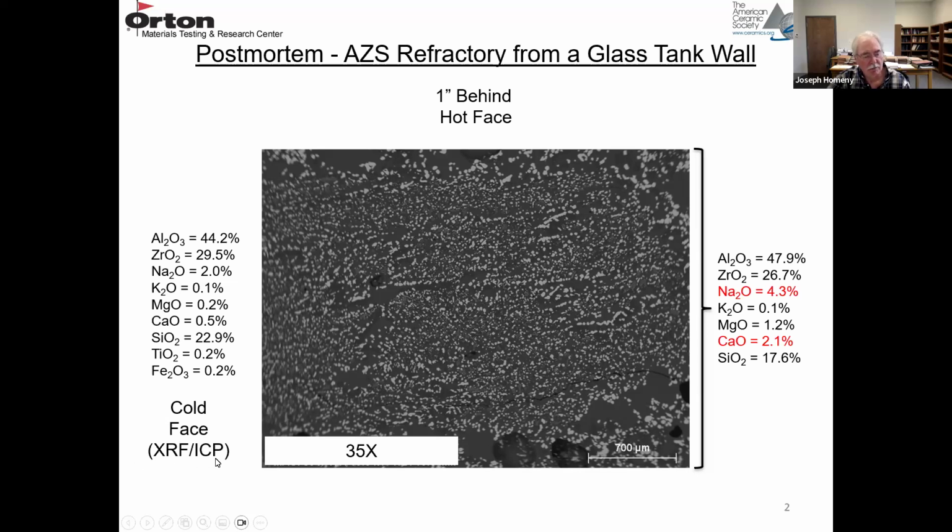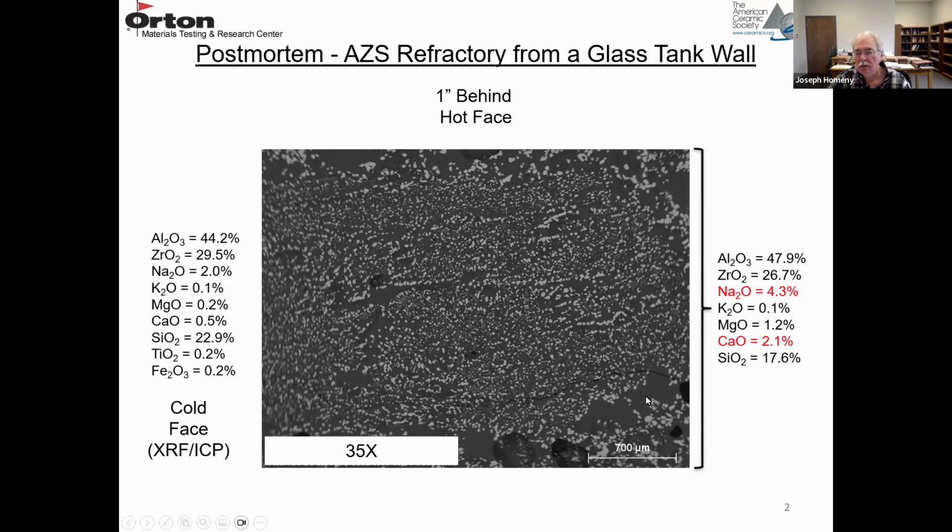So we did an XRF-ICP to get a bulk chemistry. So this is the as manufactured chemistry of this AZS brick. It's about 44% alumina, about 30% zirconia, and about 23% silica. And this is 1 inch behind the hot face at 35X.